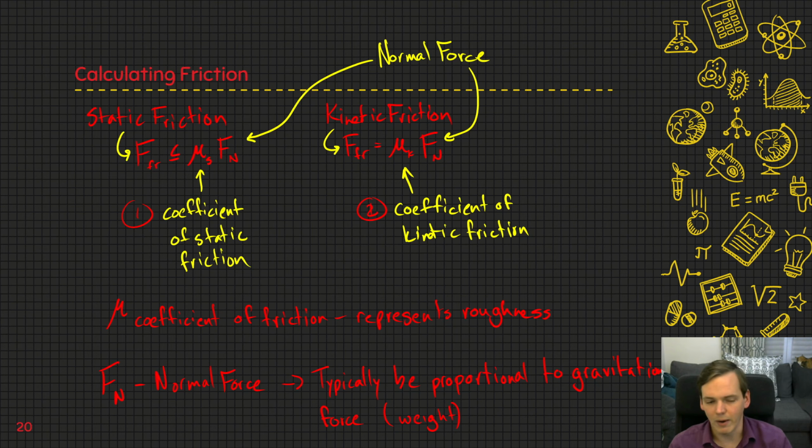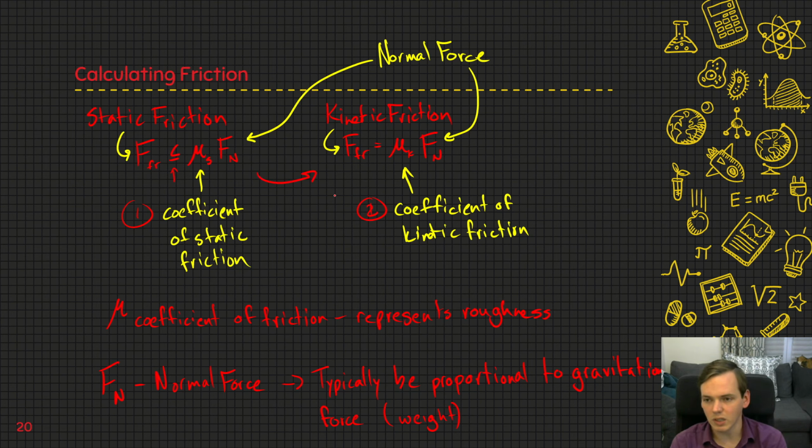You'll notice in here perhaps that we've got this less than or equal to. That's because with static friction, it always equals whatever force is trying to get the object to move until you overcome it, at which point you switch over to kinetic friction.